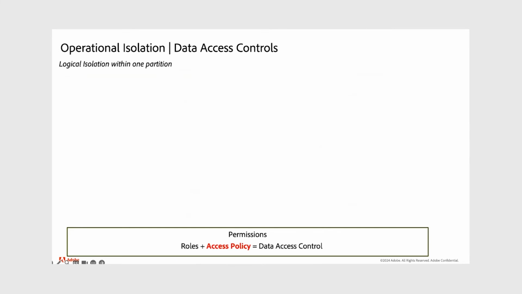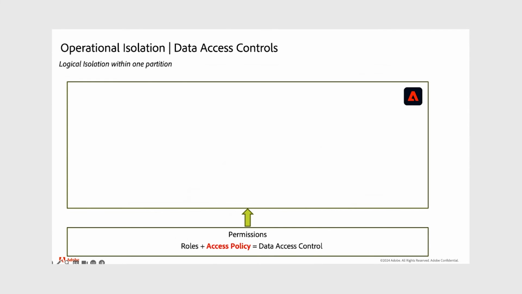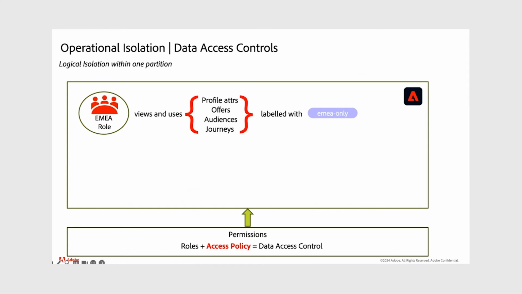So to do that within platform, we use what we call access policies. And this basically verifies that your role, as it is defined in the permission UI, has the right label to work with the data.